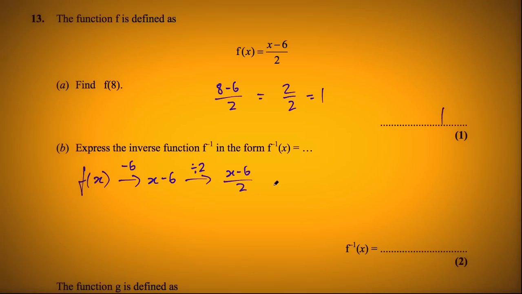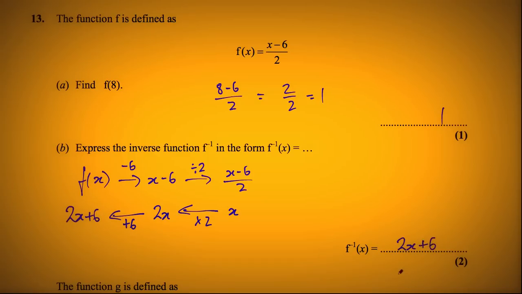So working backwards, start with my x, multiply it by 2, and that will get me to 2x, doing the inverse operation to each one. And then, instead of subtracting 6, I add 6, which gives me 2x plus 6. So the inverse function is 2x plus 6.